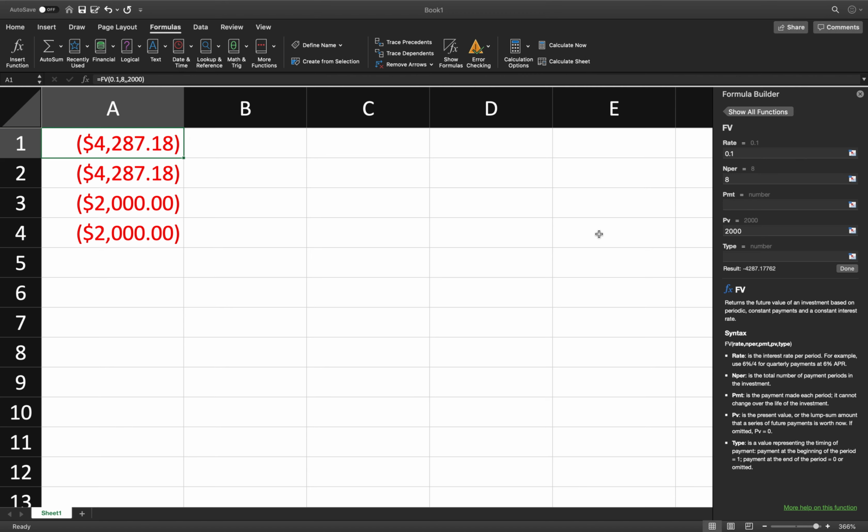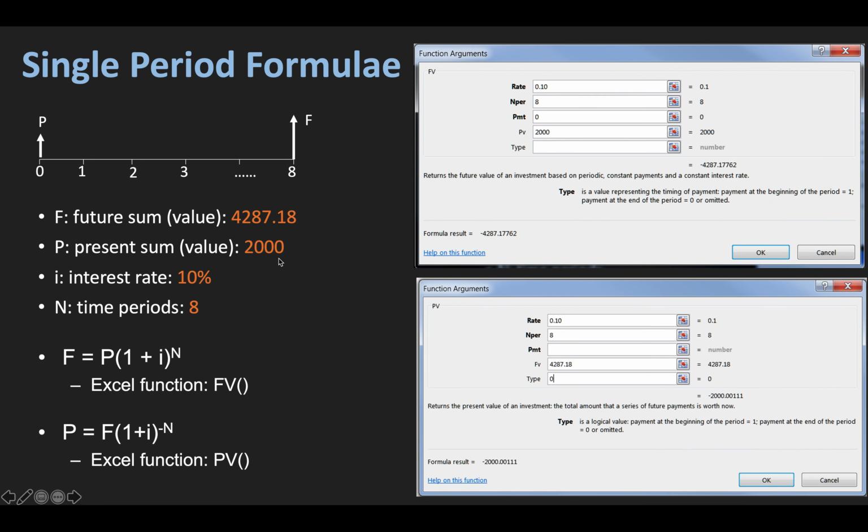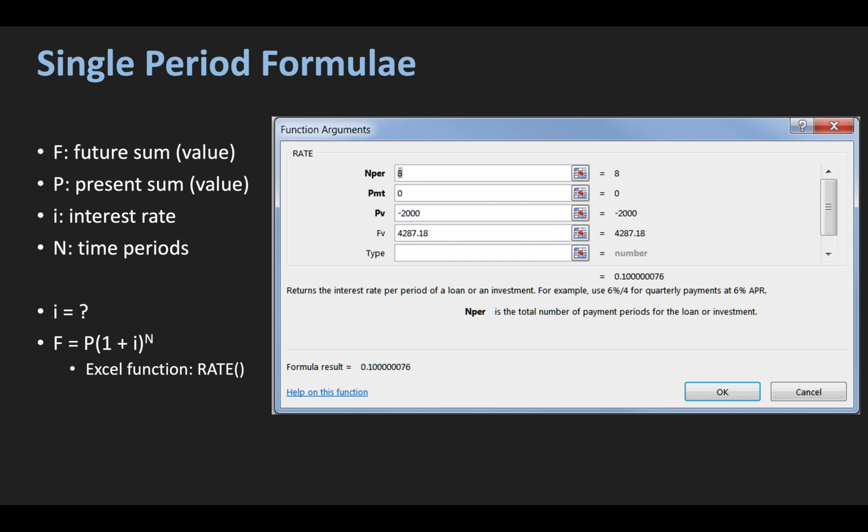That's why it is like this. So don't be alarmed and think this is wrong. Whatever number you get, you just need to take the opposite of the value. Those are based on present value to calculate future value, or future value to calculate present value.